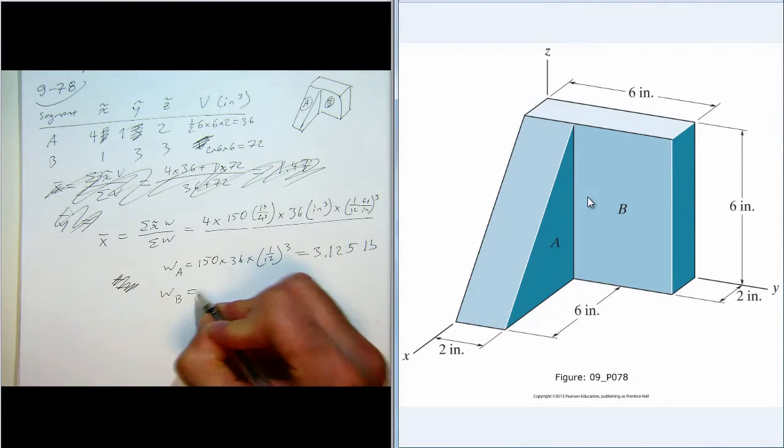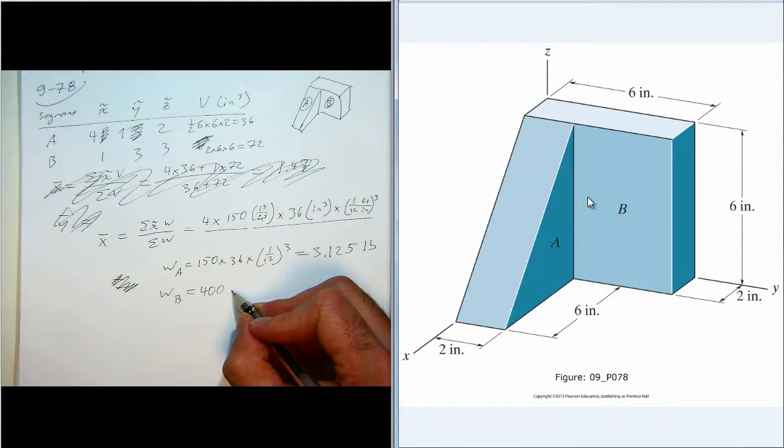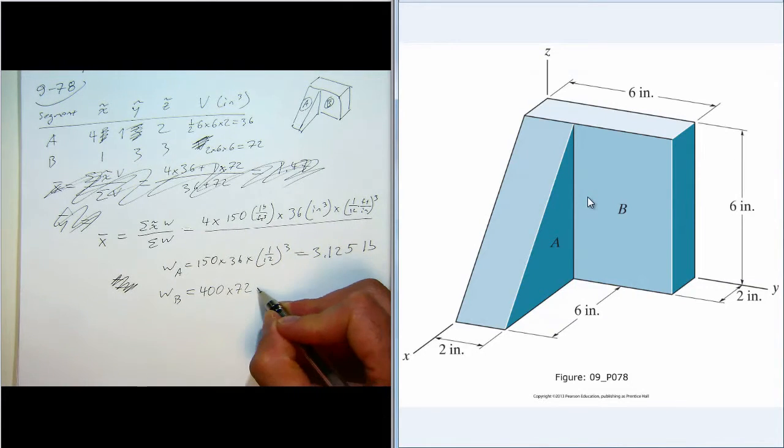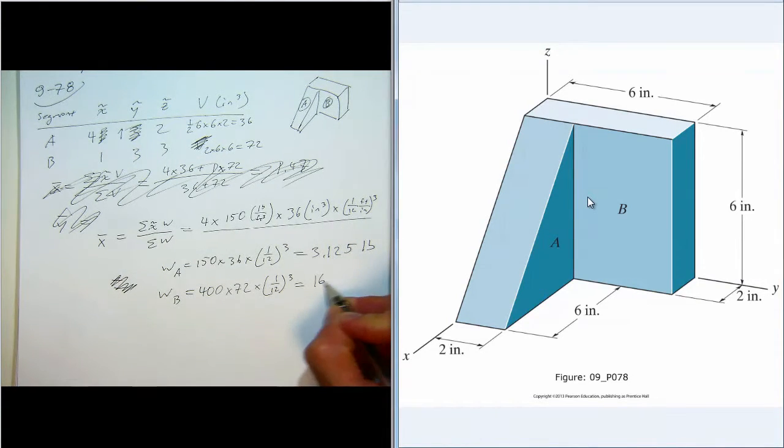And the weight of B, its specific weight is 400 pounds per cubic foot times 72 cubic inches times 1 over 12 cubed, and that is 16.667.